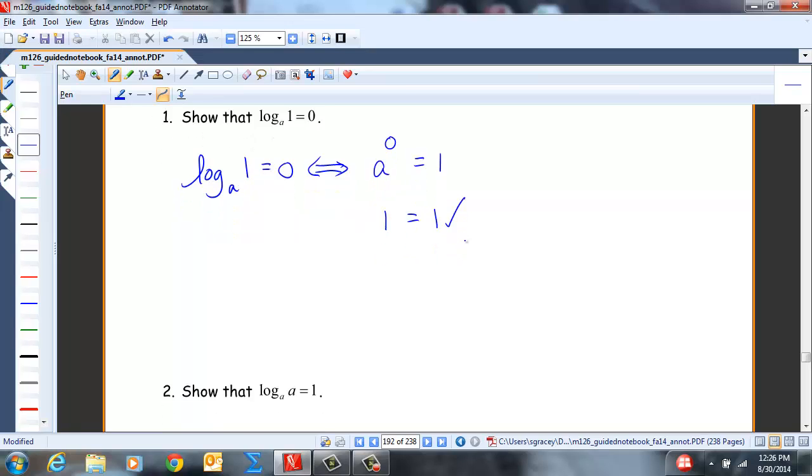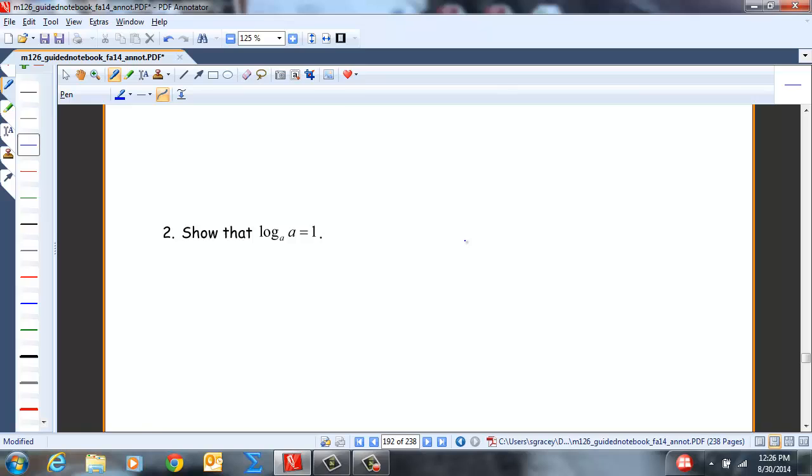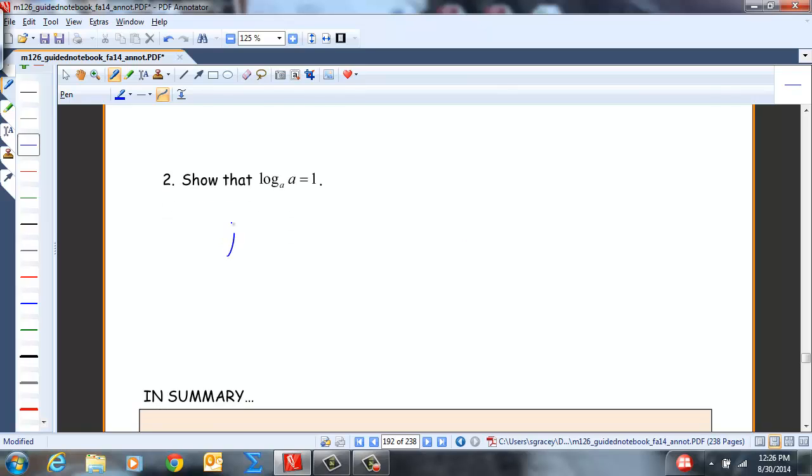Okay, let's see about the next one. Again, going from logarithmic form to exponential form. So the base grows up tall. A logarithm is an exponent. And then what's left?